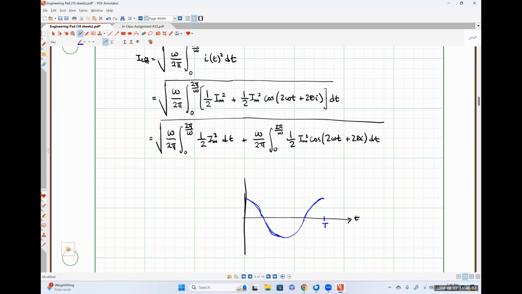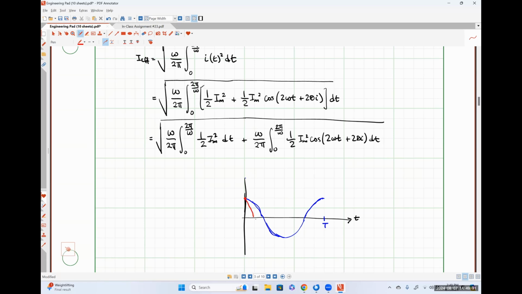So this length right here would be T. Well, if I were to plot this AC portion here, its magnitude is going to be 1/2 of I_m squared. So I_m squared would be up here, multiply it by 1/2, and we're back down here. So this same point, but our signal is oscillating at twice the frequency.